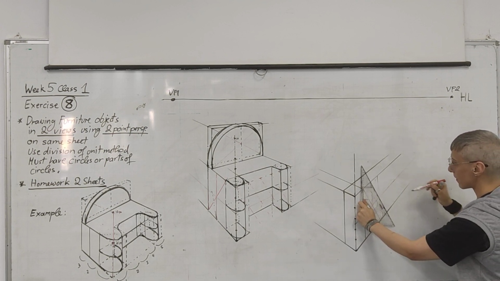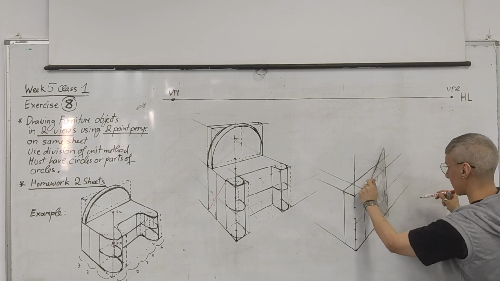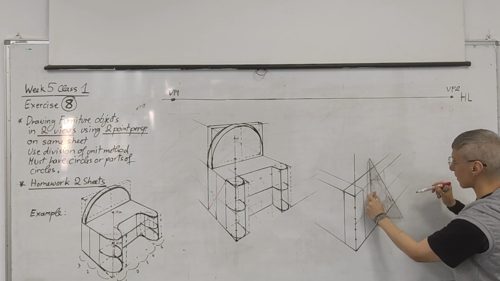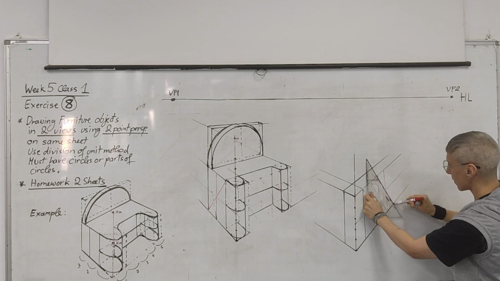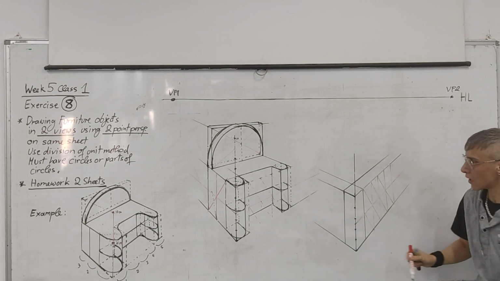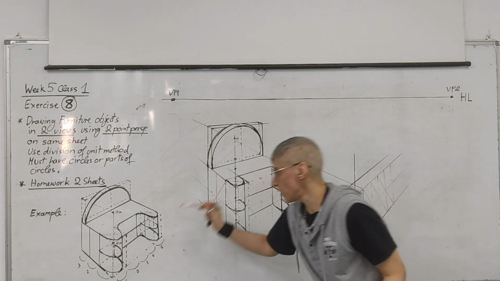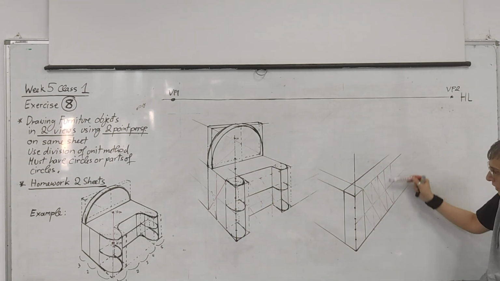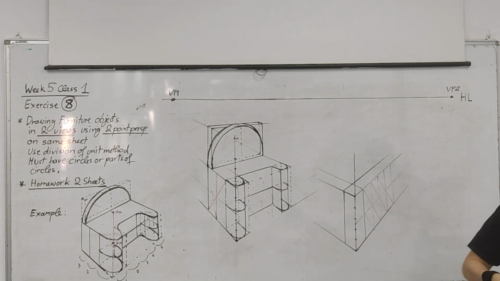Again. Again, how many do we need? Three in the middle. Okay, 1, 2, 3 in the middle. So we need this one here. Okay, this is the one we need.